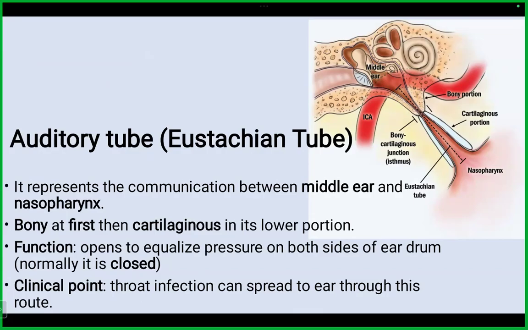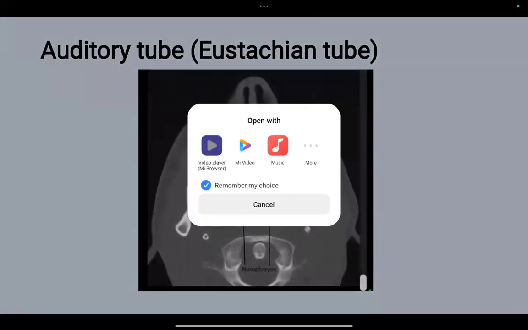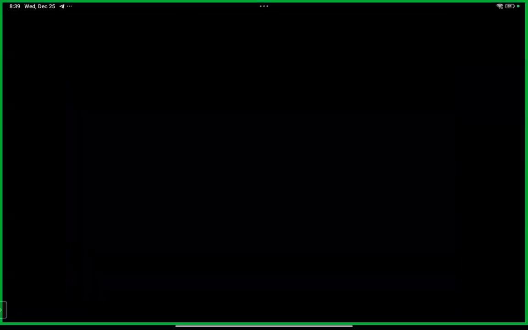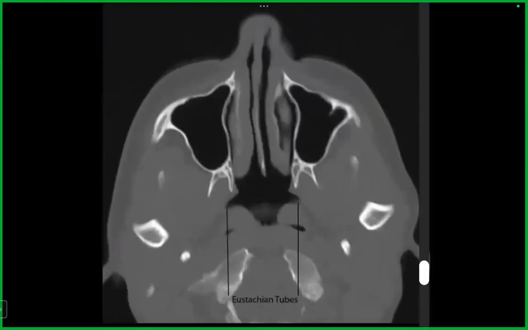Normally, it is closed. A clinical point: throat infection can spread to the ear through this route. This is a video showing the eustachian tube. Nasopharynx.